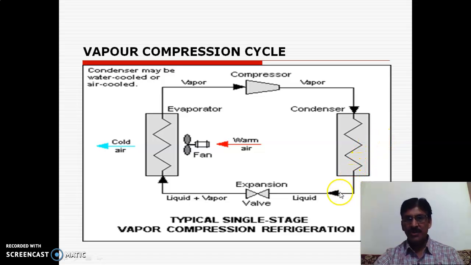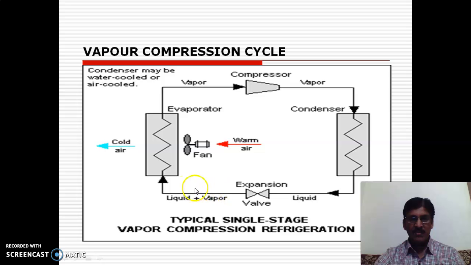Then this liquid refrigerant goes to the expansion valve. In the expansion valve, some amount of liquid is converted into vapor form. So liquid and vapor refrigerant comes out from the expansion valve, and its pressure is drastically reduced.